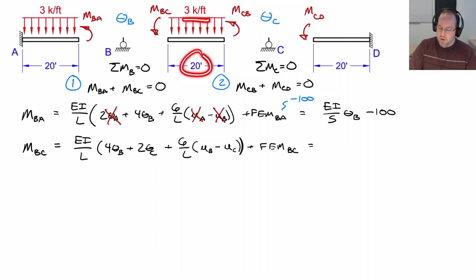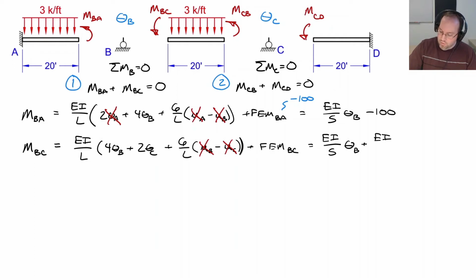My length is 20, except that moment is acting counterclockwise, so it's going to be a positive 100. I can see that my displacements cancel out because both points B and C are supported by rollers. And therefore, I'm left with an EI over 5 times the rotation at B plus EI over 10 times the rotation at C plus 100 for that moment BC.